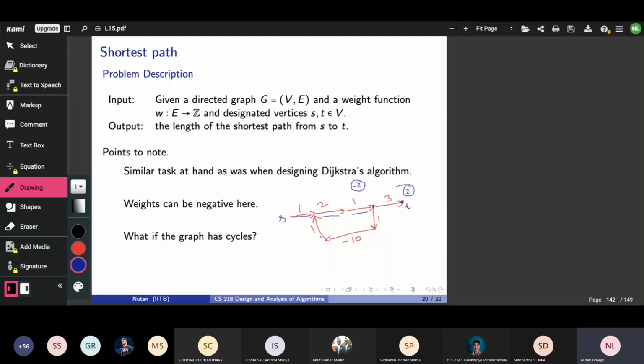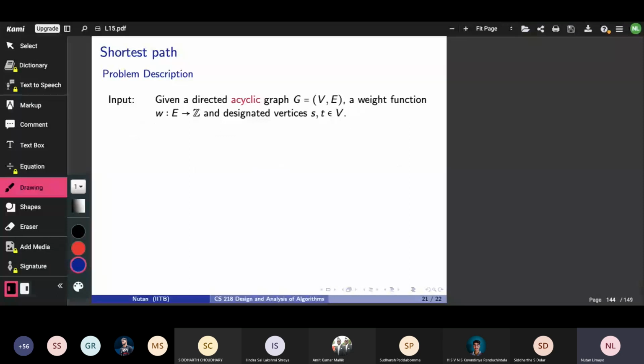But for now, let's assume one of the two conditions is not true. So let's keep the negative weights because that makes it slightly different from Dijkstra's problem. But for the problem to not go to this negative cycle issue, let's say that the graphs we look at are acyclic. So this is the problem description now.